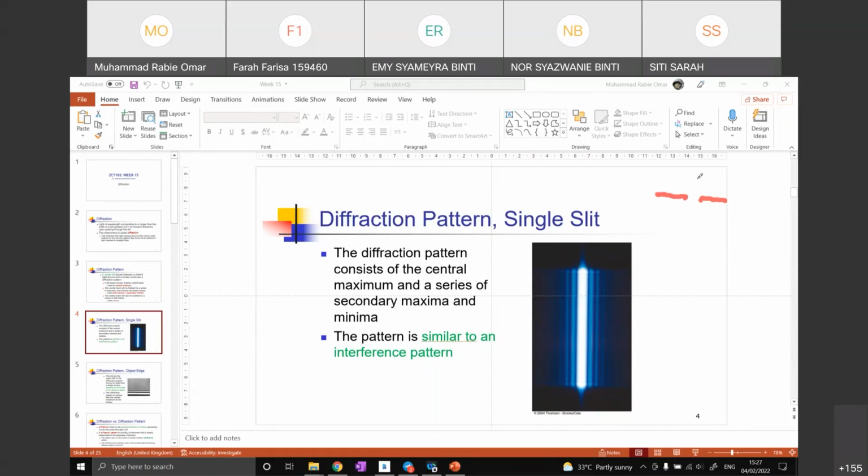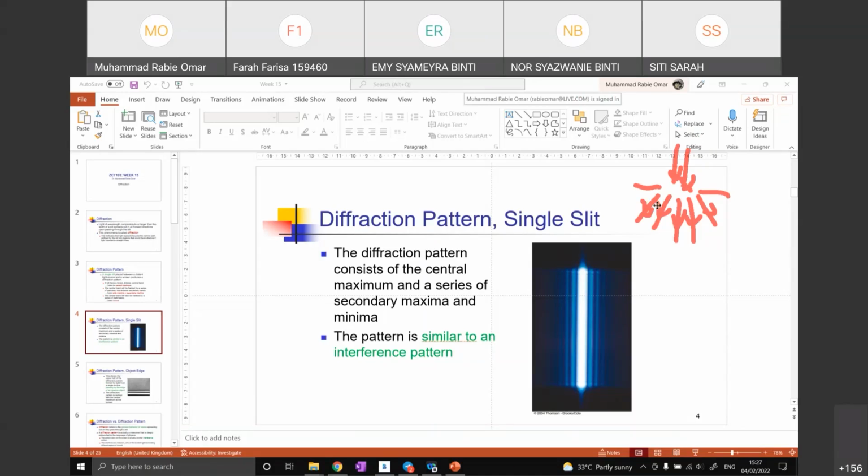There's a light source here, maybe a bulb, but the bulb here must be able to produce a coherent source. So when light enters the slit, I'm sorry for this here, this is my slit. When it enters my slit, then it will expand like that.